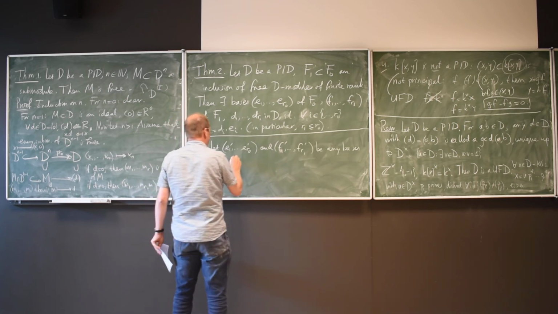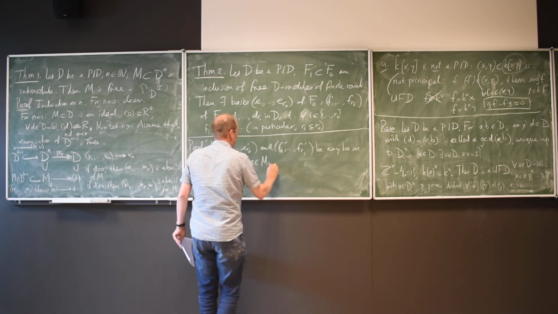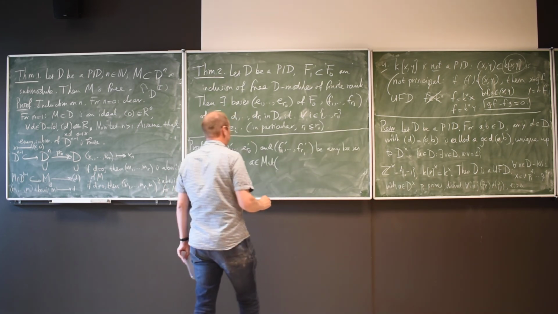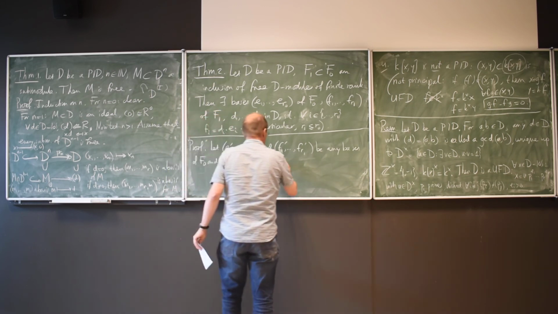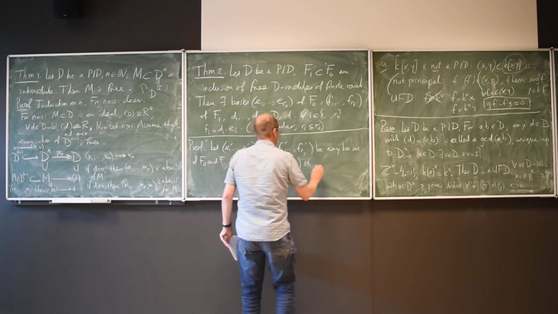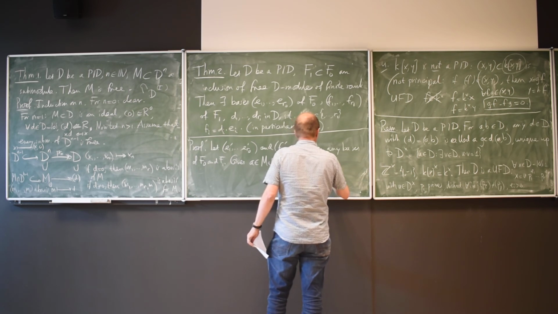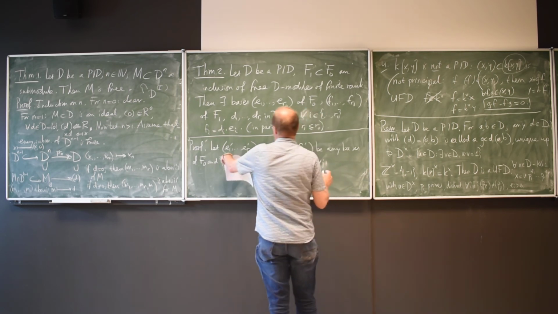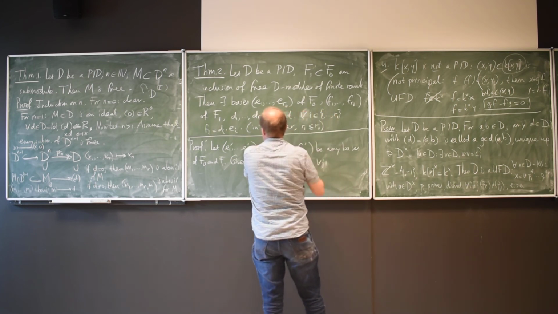Then that gives a matrix A in R1 times R0 over D, such that for every j, I would like to write the Fj as a combination of the E's, right?